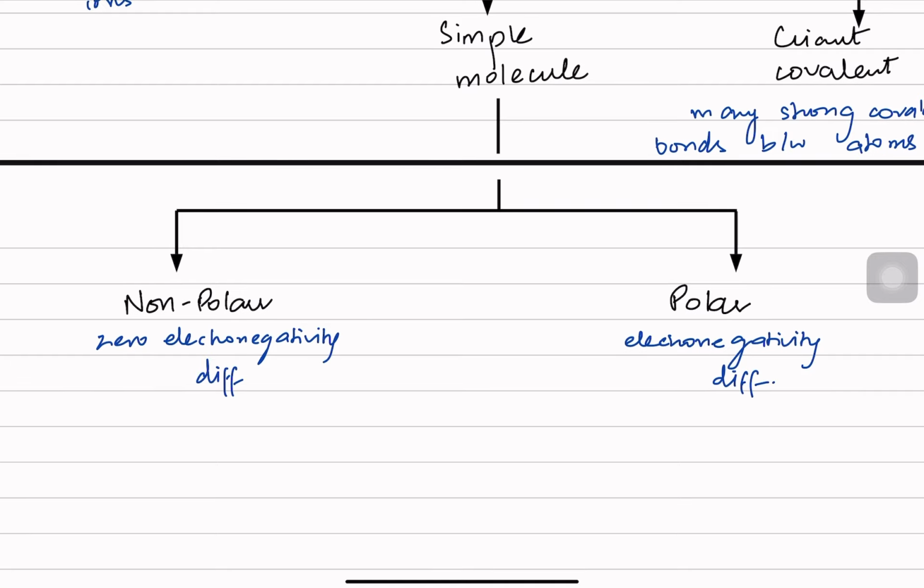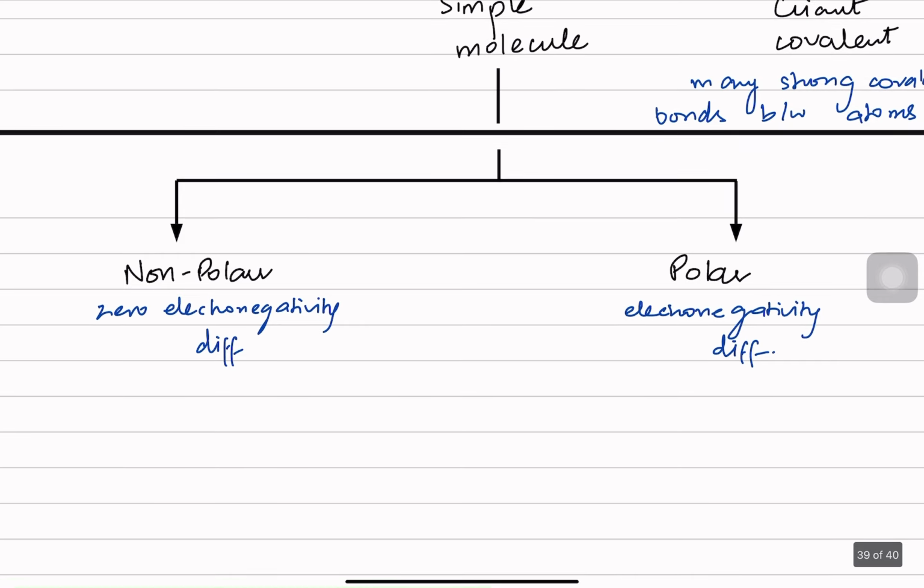When I'm talking about non-polar molecules, I generally talk about ID-ID forces, as I've mentioned in the last video. But when I'm talking about polar molecules, I could be talking about PD-PD forces, or I could be talking about hydrogen bonds, depending on those molecules.